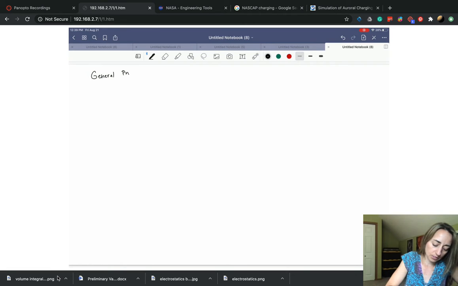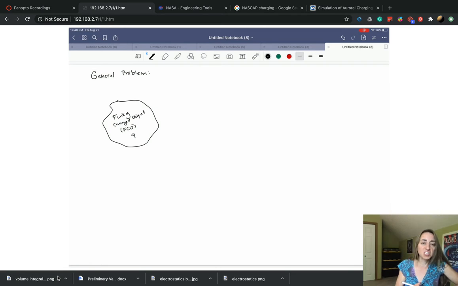And this is the general problem in electrostatics. You've got some object. I'm going to call this a funky charge object because we don't want to say anything specific about it. So we'll call that funky charge object FCO. It's got some charge Q. And now instead of a point charge, this object is our source charge.